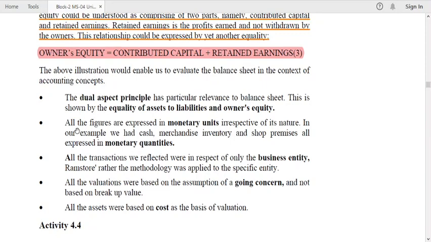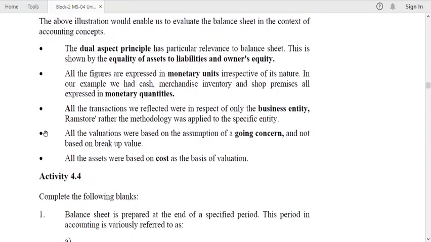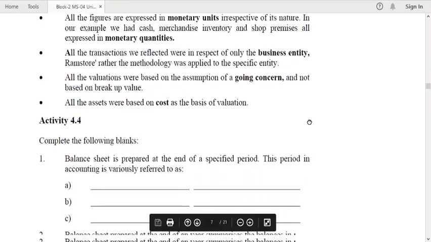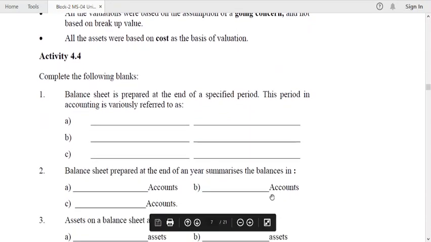Okay, all the figures are expressed in monetary terms, right? All the transactions we reflected were in respect of the business entity. The business entity concept is used: the owner is separate from the business. The going concern concept is also used. It is assumed that the business is going to exist forever, right?